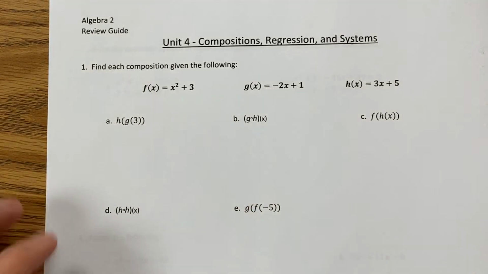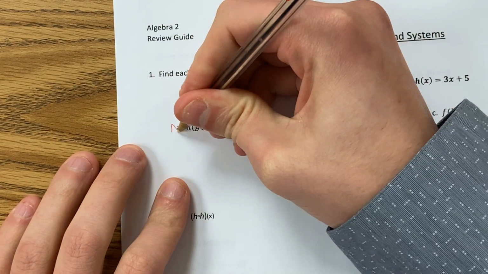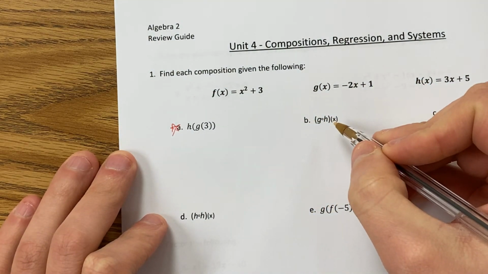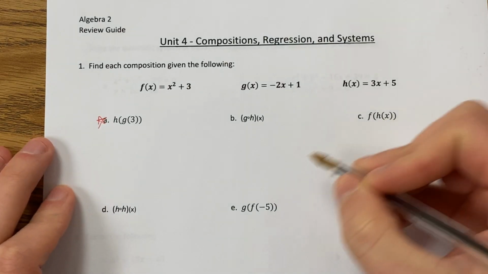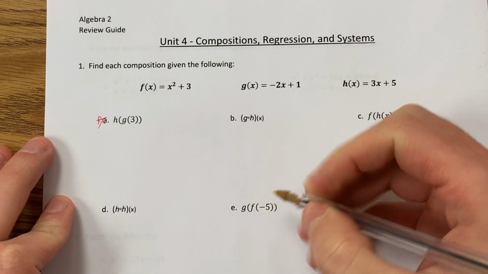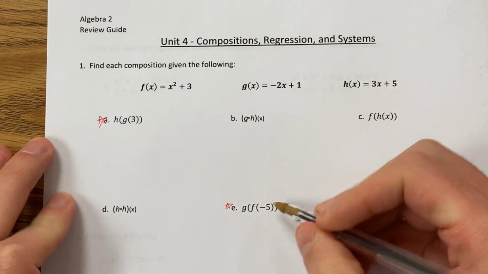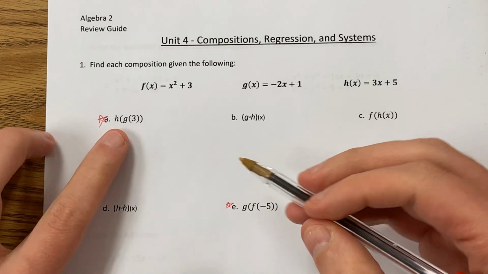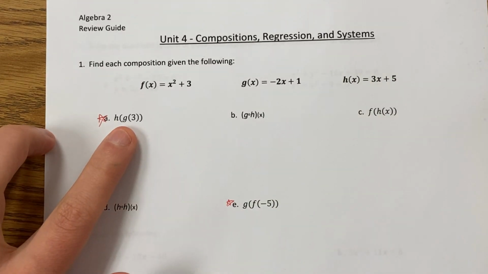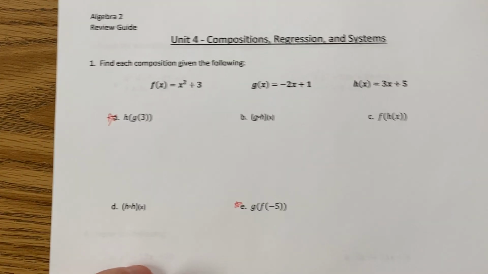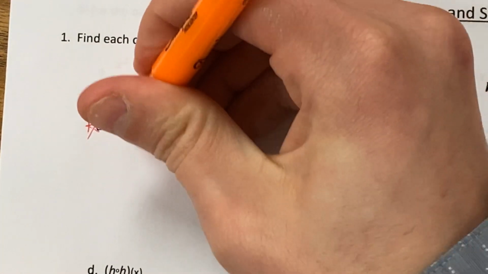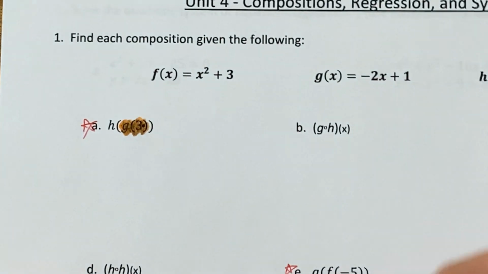So there are going to be two types of problems. The first type is ones with actual numbers in them. Like this one just has an x, this has an x, this has an actual 5 in it. They are going to be a little bit different because they have numbers in them. The easiest way to do the ones with numbers is to start on the inside of the parenthesis, where it says g of 3.